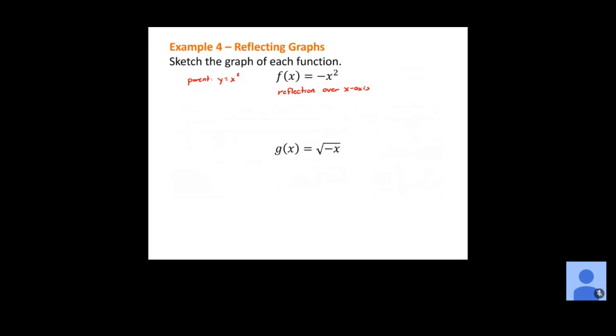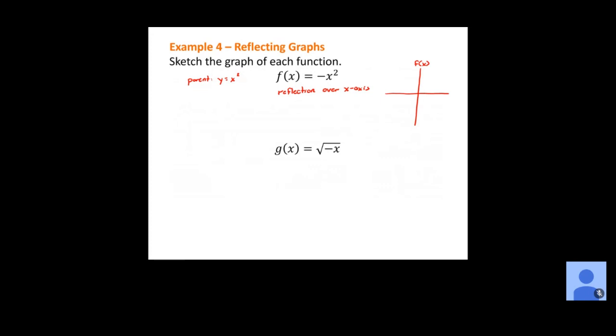All right, so now let's think about this graph. So what would our graph look like then if we take our parent function and reflect it over the x-axis? Good. It's just going to open down, right?